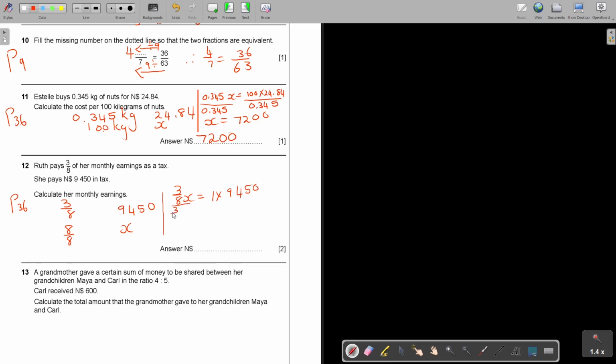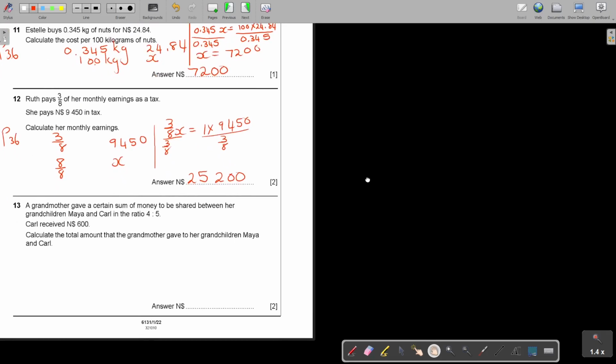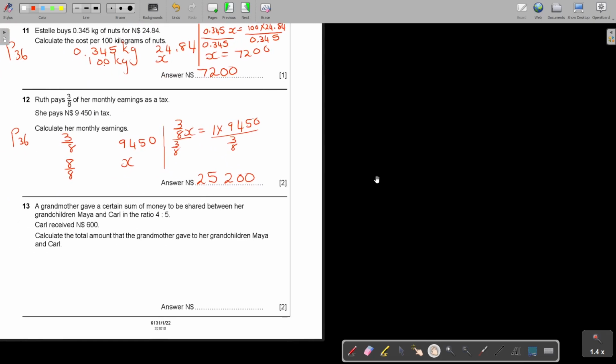Then I divide by 3/8, and my final answer is she's getting 25,200. Okay, so she pays quite a lot of tax, but she also has a nice salary. And then the last one on this page, and then I'm just going to go to the exam report.